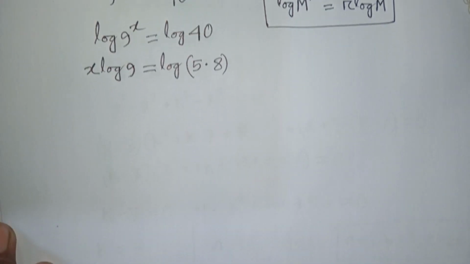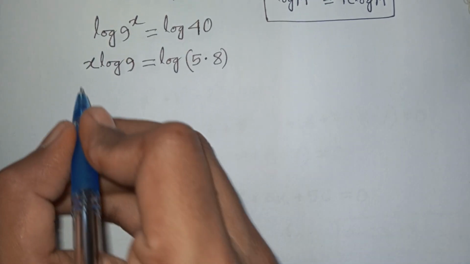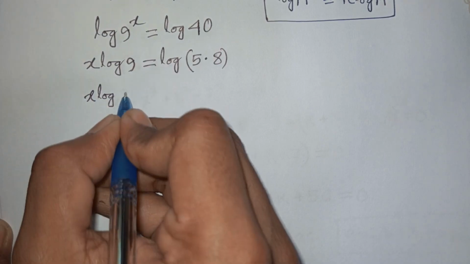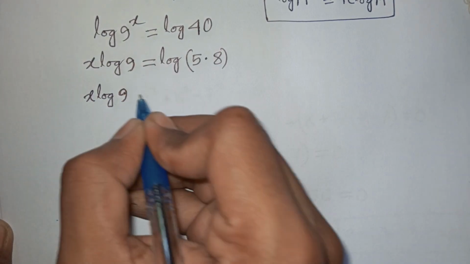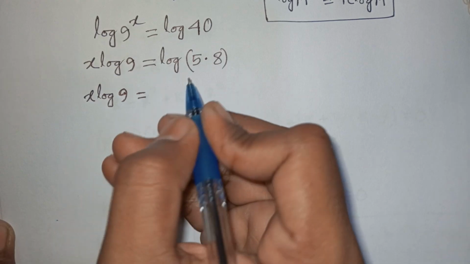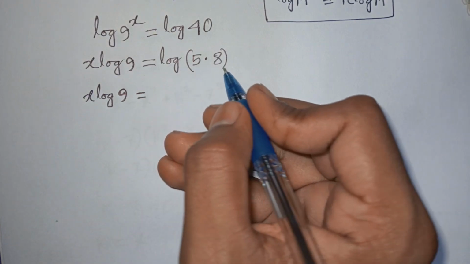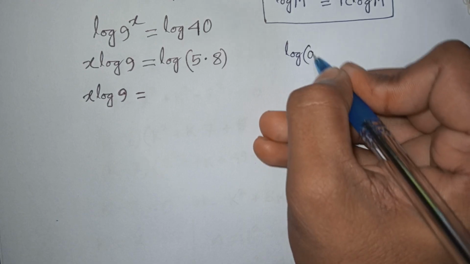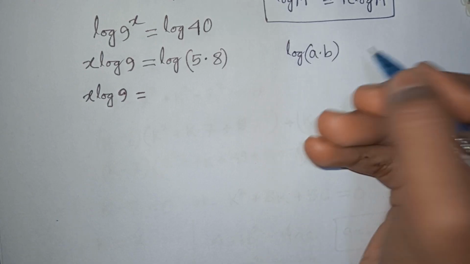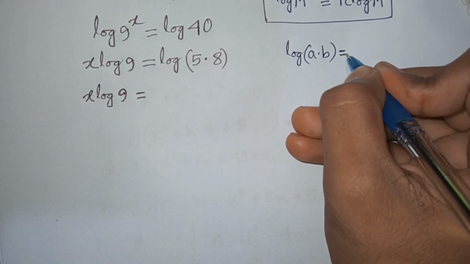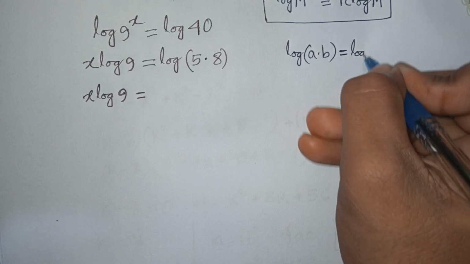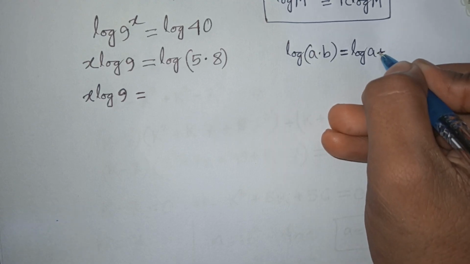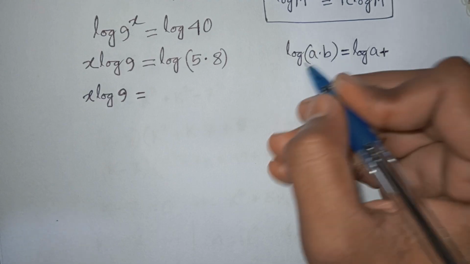In the next step we have x log 9 is equal to log of 5 times 8. So here we apply this formula, log of a times b is equal to log a plus log b.